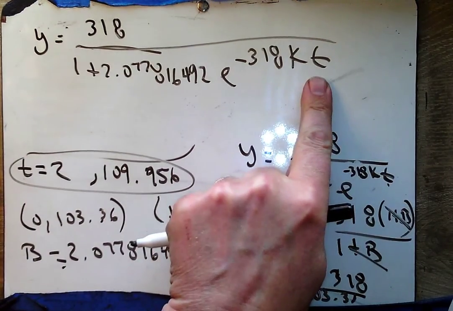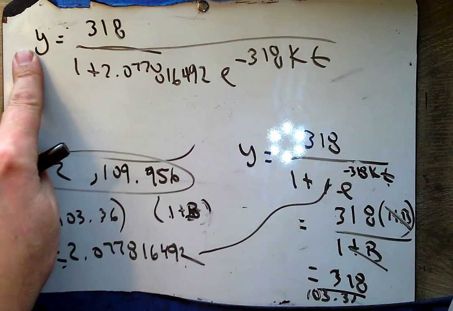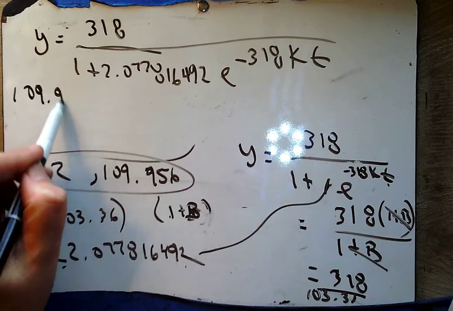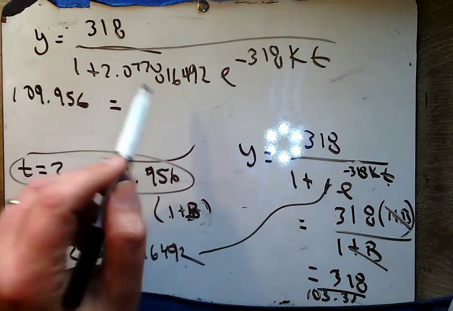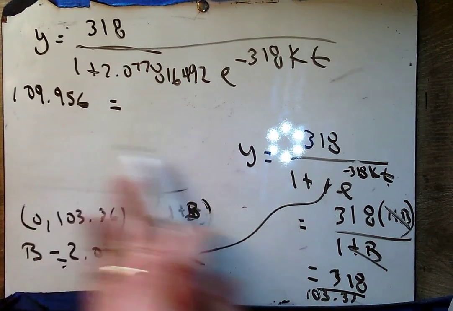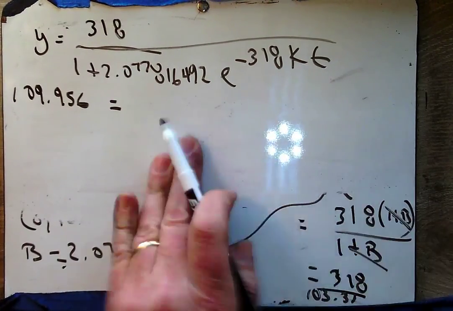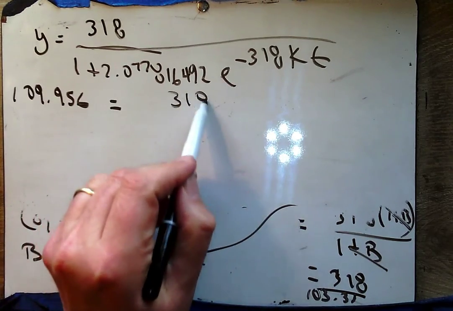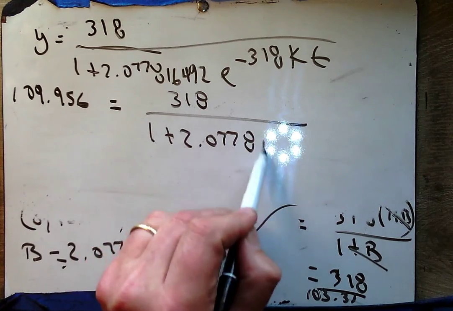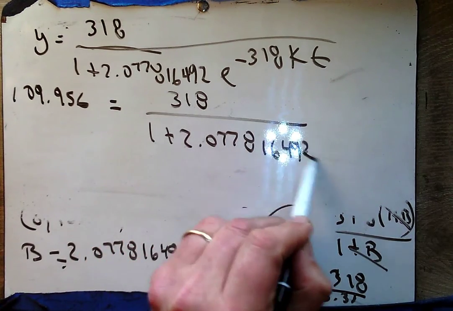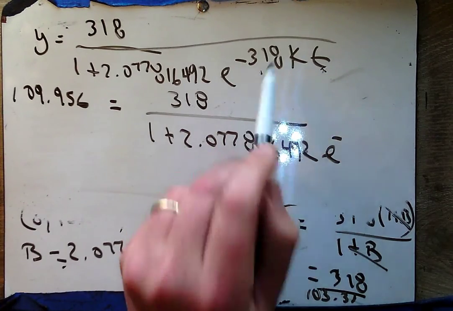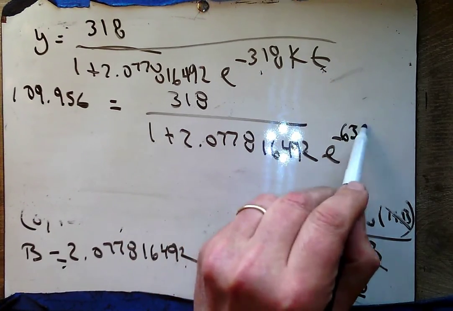I'm going to plug a 2 in here, and a 109.956 in here. 109.956 equals 318 over 1 plus 2.077816492 e to the minus k, and we were plugging a 2 in for time, so 2 times this is negative 636k.